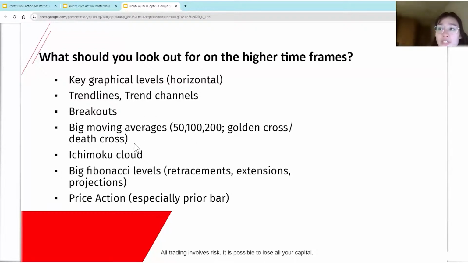These big moving averages and Ichimoku are the indicators that you would use after doing all of this technical analysis. Big Fibonacci levels, those we cover more in depth in our Fibonacci series. And lastly would be your price action, especially the prior bar. So this is what we're talking about today, what I was talking about with the candlesticks and all of that.